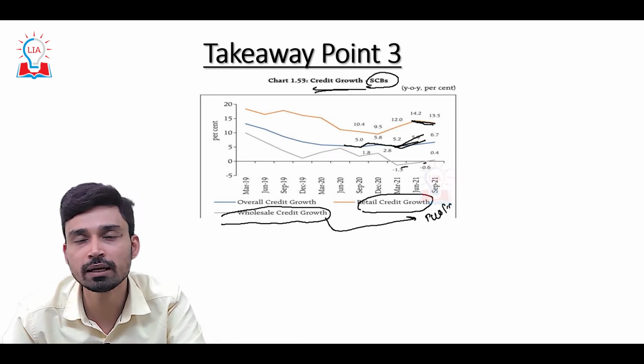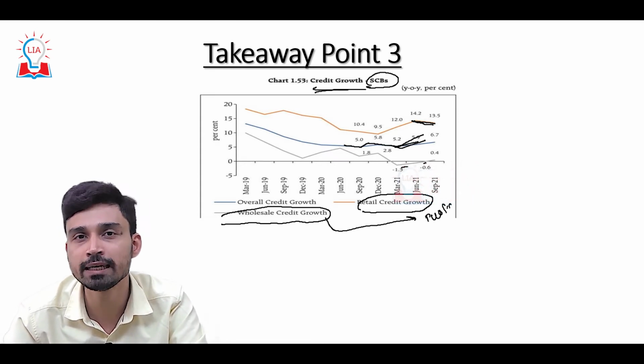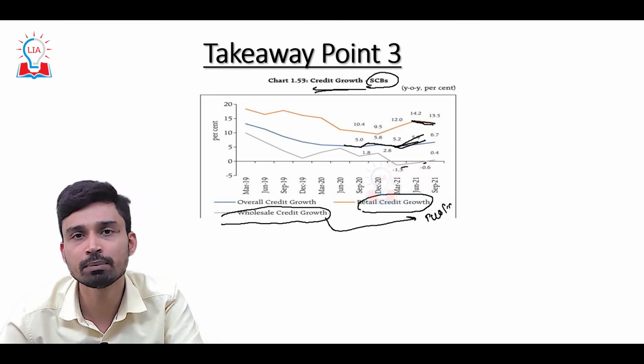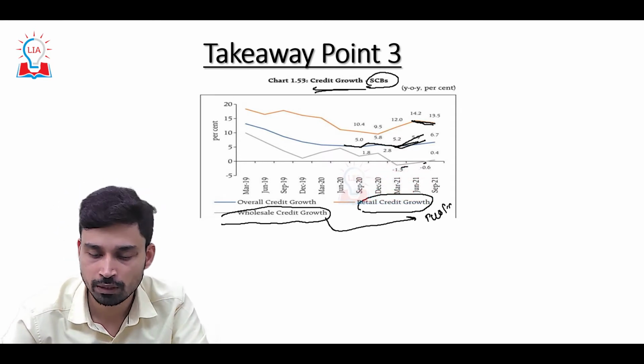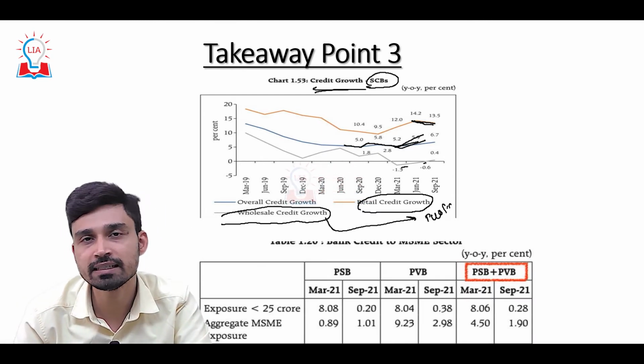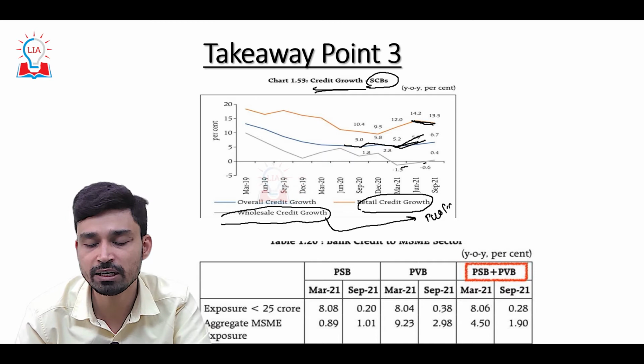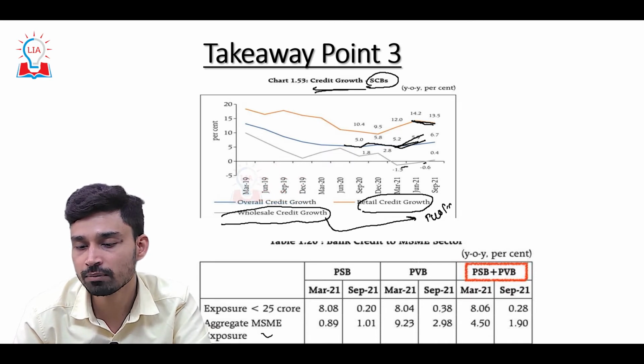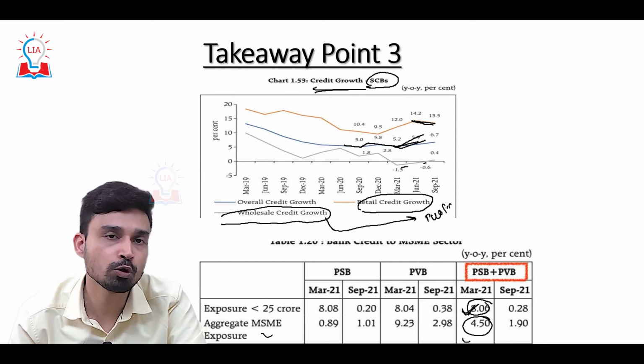Private sector banks, on the other hand, are not very keen on deploying their capital for the growth of the economy or the growth of different industries. And we can see the third point that we discussed, that there is incipient stress in the MSME industries, clearly seen from this: in March 21 the exposure to MSME was 8% and aggregate exposure was 4.5%.